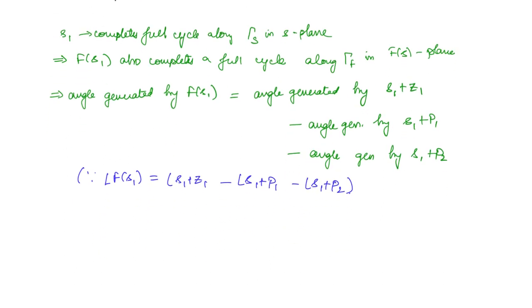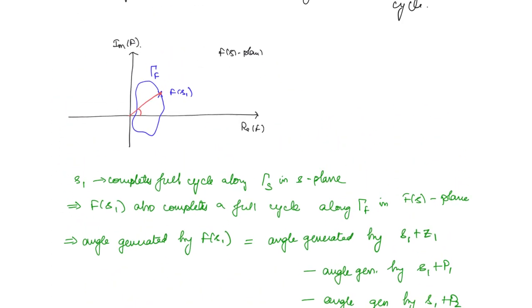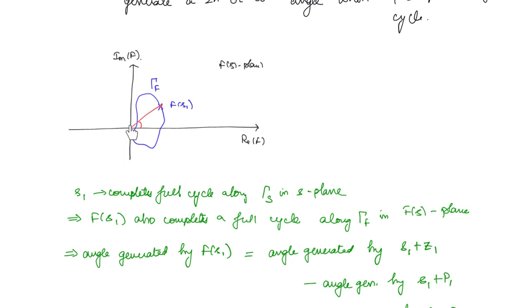So in this case the angle generated by f of s1 is equal to minus 2 pi radians or minus 360 degrees. If the angle generated is minus 360 degrees, then it means that the origin will be inside the arbitrary path. Only then we can say that the angle generated is 2 pi radians, right? So using the same trick, let us say the point f of s1 has moved to here, then what will be the new vector now in this direction?